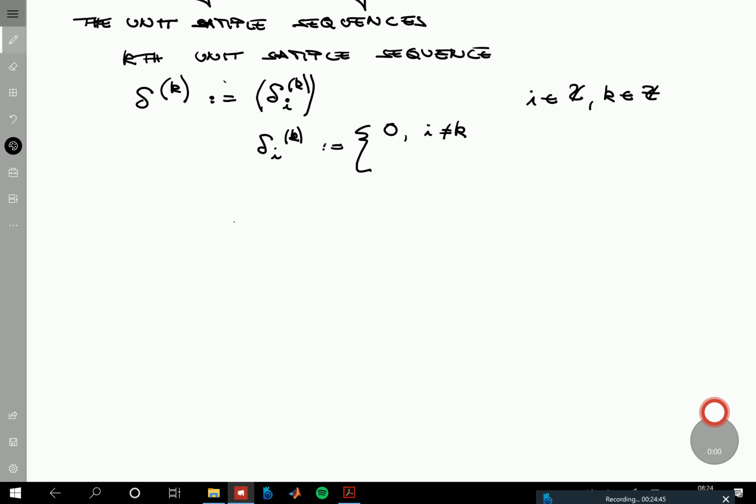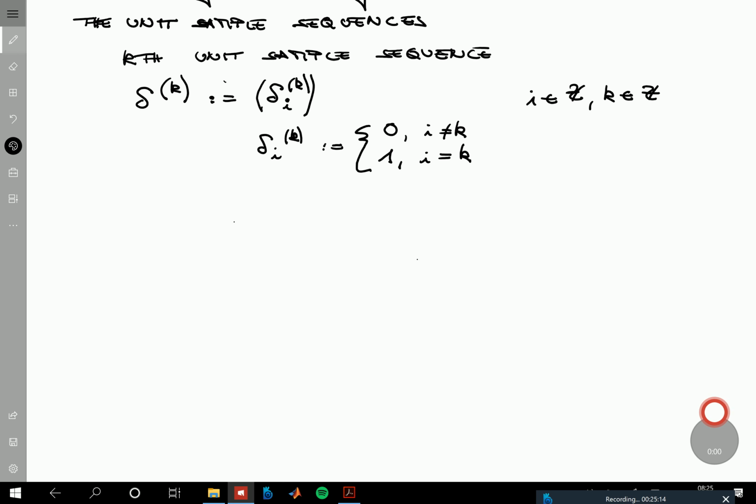And i is the index of the elements of the delta sequence. So i runs from -infinity to +infinity in an infinite case, and it's always 0. So whenever it's not k, this element delta i is 0. Only if i equals k, then it's 1, and this holds for all i integers and all k integers.